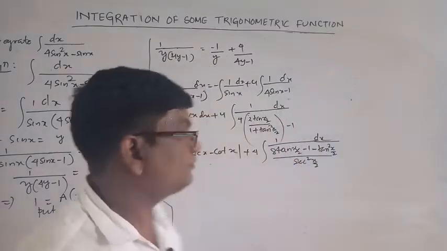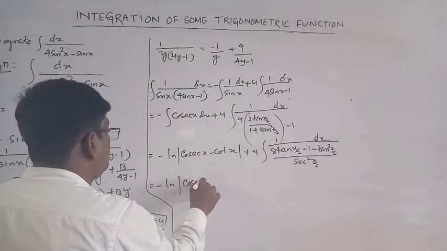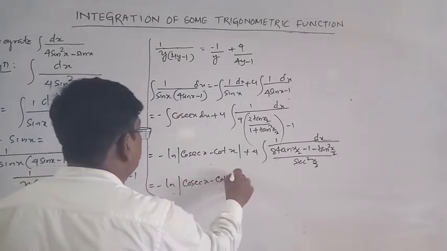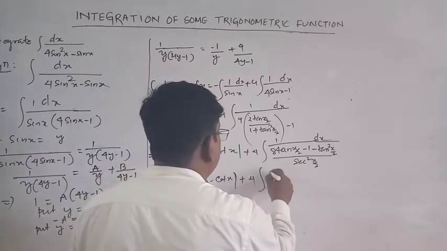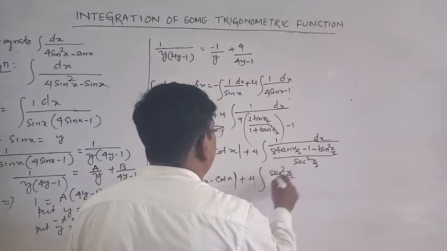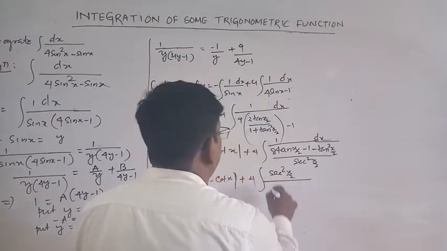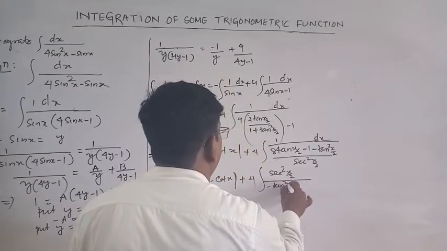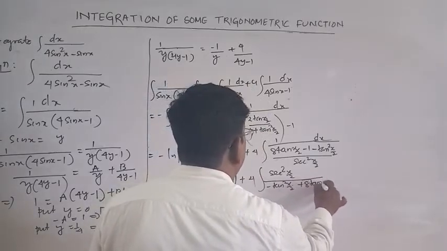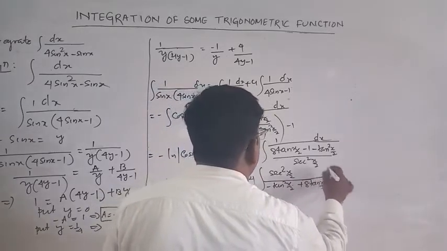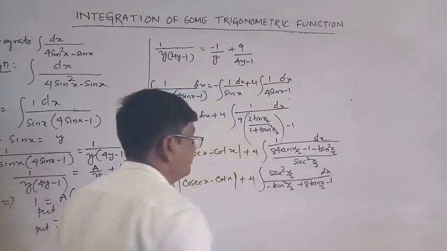So this is equal to minus log of cosec x minus cot x plus 4 into sec square x by 2, and this is minus tan square x by 2 plus 8 into tan x by 2, 8 into tan x by 2 minus 1 into dx.